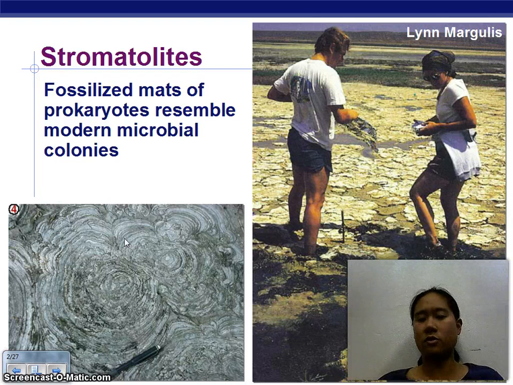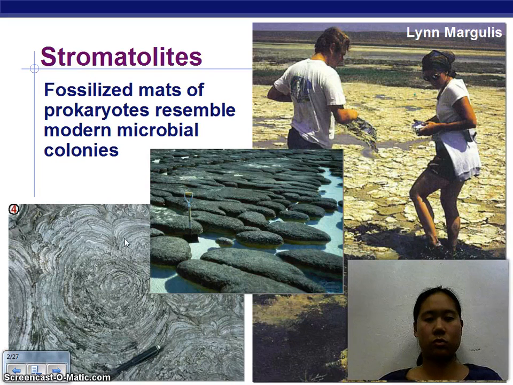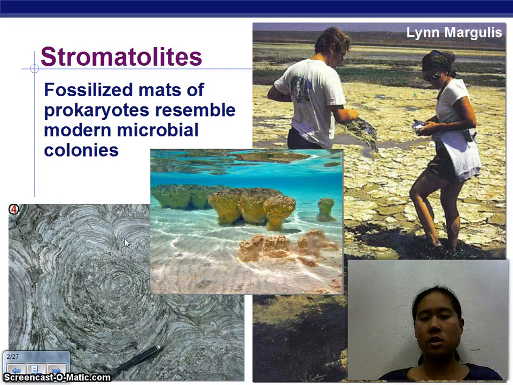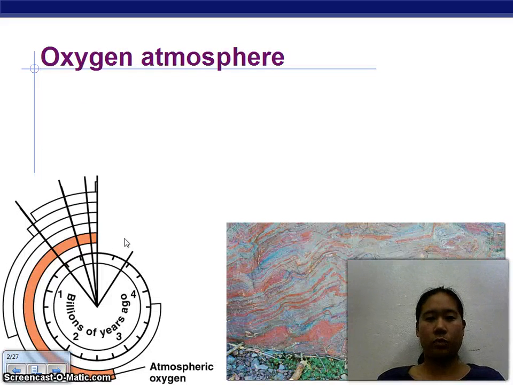So here's another kind of diverse origin of life that we have. We find these a lot in areas that are not dominated by other organisms, and they live on the extremes. Now we're starting to get cyanobacteria, and we're starting to get an oxygen atmosphere, and this is through photosynthesis.